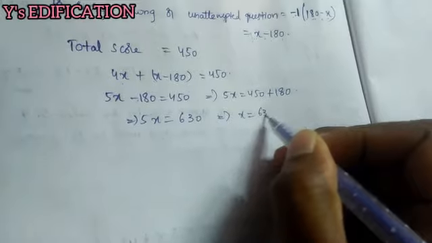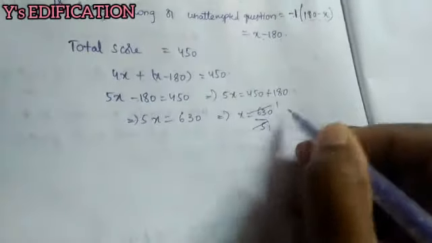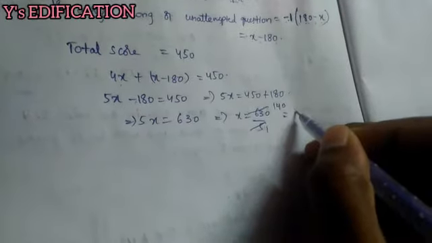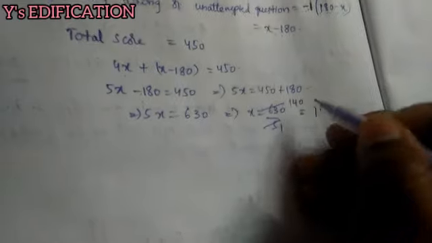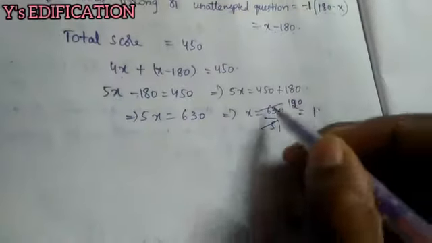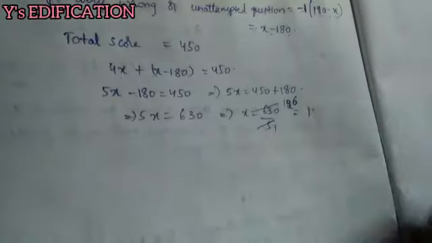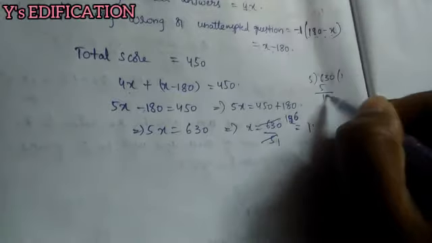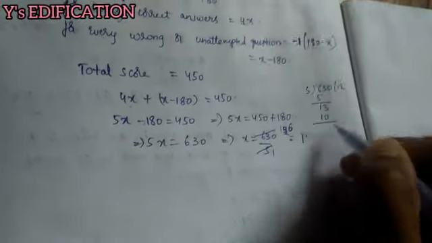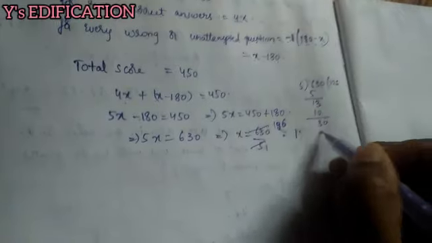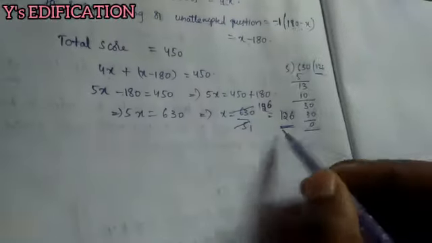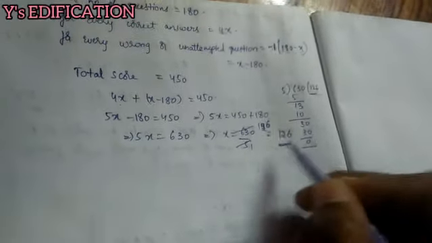So x is equal to 630 by 5. 5 ones are 5, 5 2s are 10, 5 6s are 30. So 126. So he answered 126 questions correctly out of 180 questions.